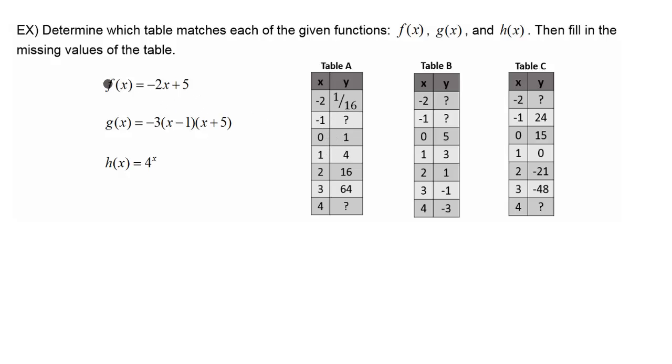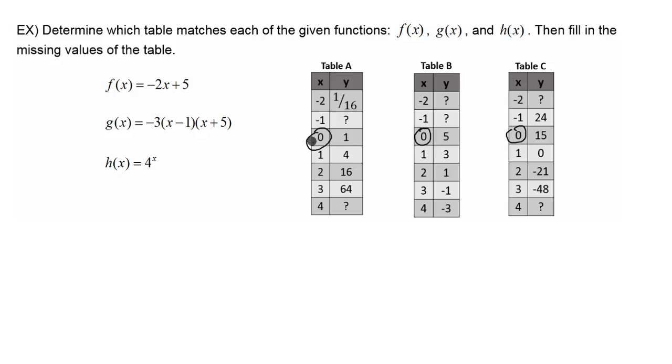Another way to do it is to plug the function into a graphing calculator and then figure out which set of points would match up with it. That would probably be a little bit quicker. However, the way that I think is quickest and most efficient is to find a common x value in each of these tables. A common x value is 0 because we have it here, here, and here.